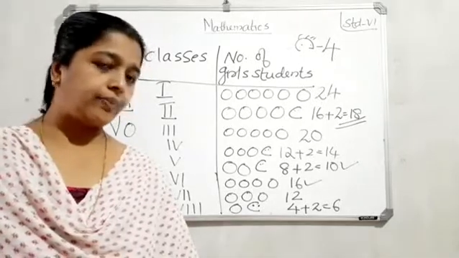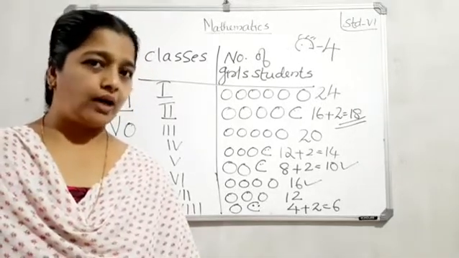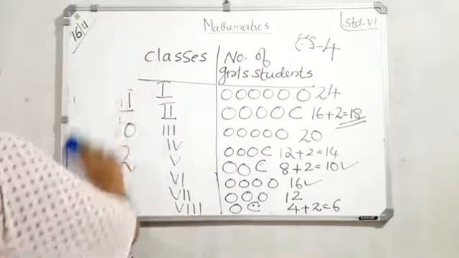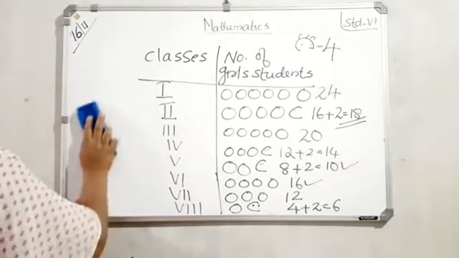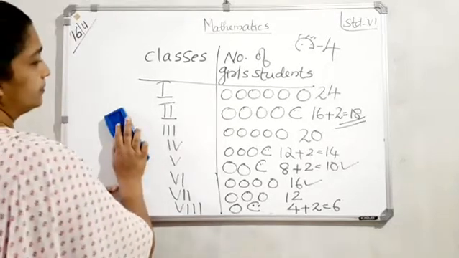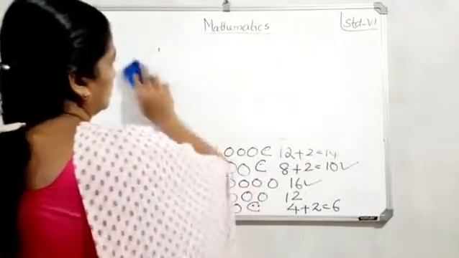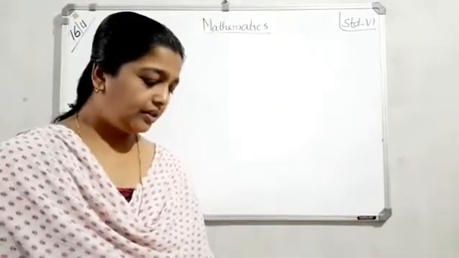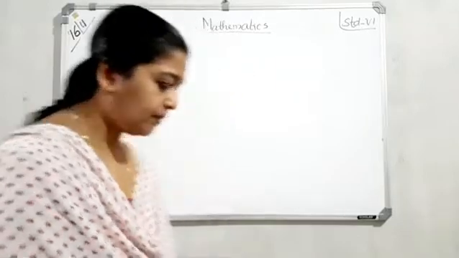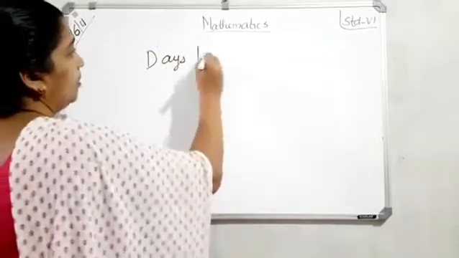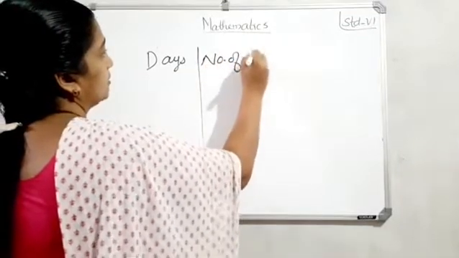One symbol represents how many? 2 bulbs. Clear? Yes. So here days and number of electric bulbs.